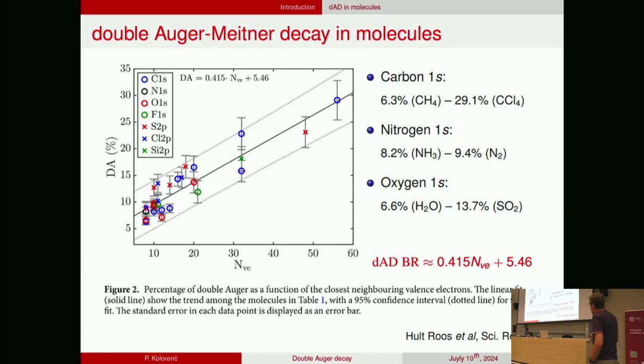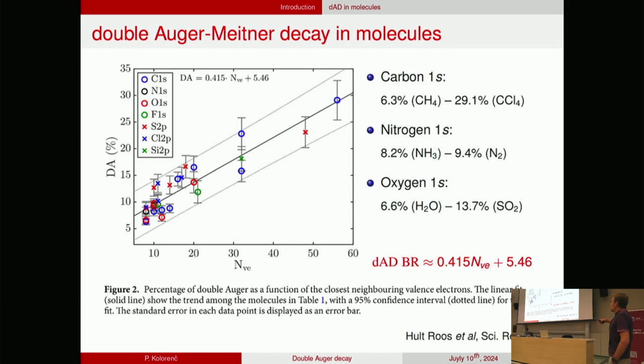And what is here on this x-axis is the number of valence electrons, and you see that pretty much regardless of the core hole, the double Auger branching ratio depends linearly on the number of valence electrons.